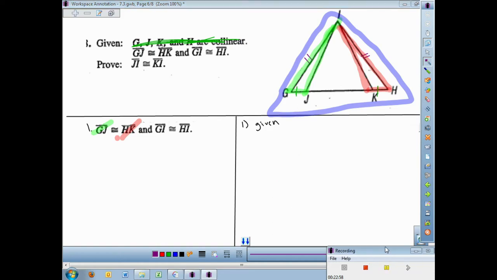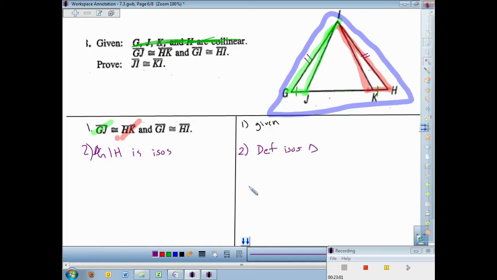We can say that triangle GIH is isosceles. And remember, you got to write that down. Triangle GIH is isosceles. Why is it isosceles? Because it's got at least two equal sides, and that's the definition of an isosceles triangle.